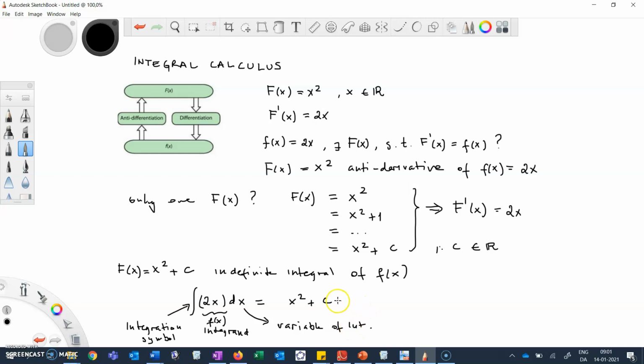And c is called the constant of integration. The operation of searching an antiderivative, x squared plus c, of a function f of x, which is in this case 2x, is said to be the integration of f.